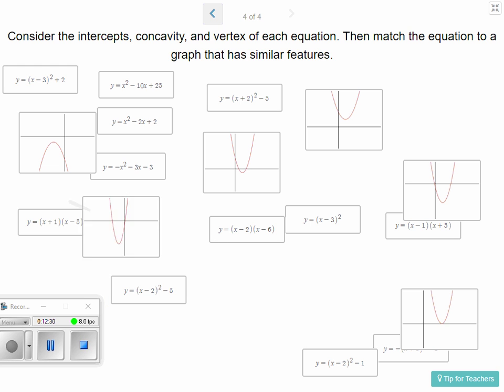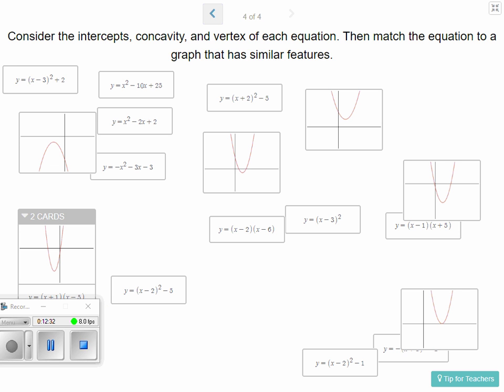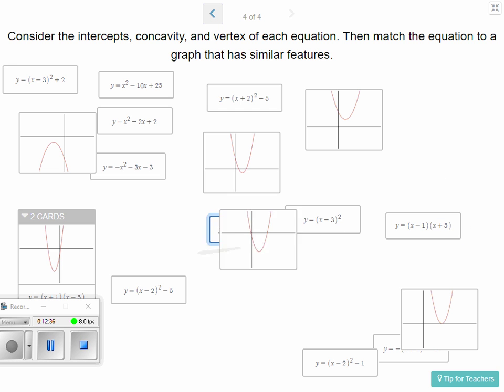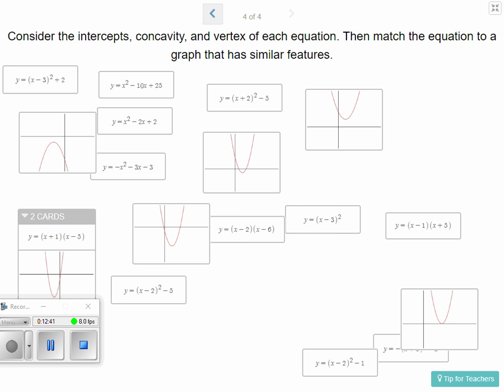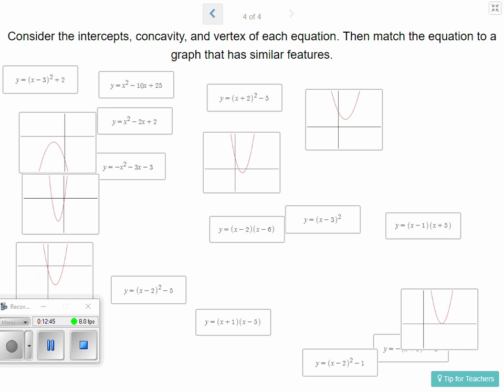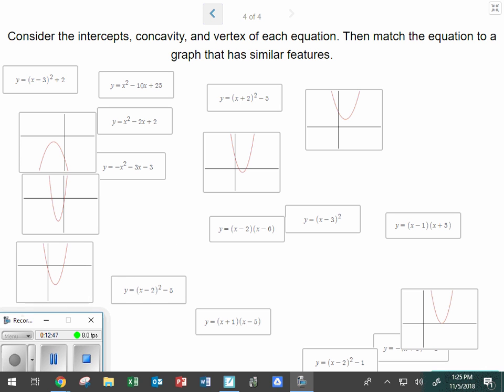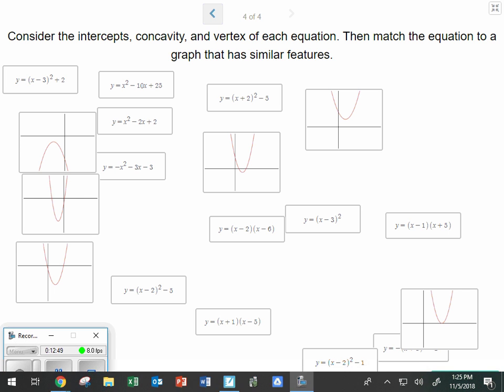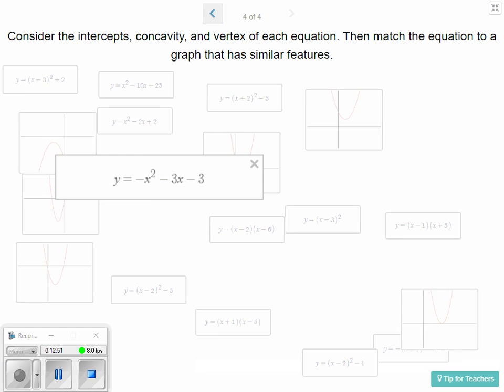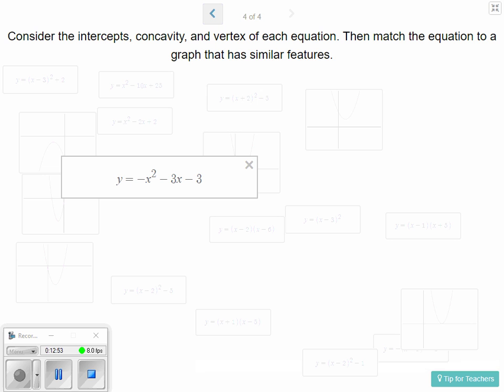It looks like this one does here. And I think there's one more, all the way over here. So these 3 graphs have negative y-intercepts, all right? But now we have to choose of those, which one fits -3?